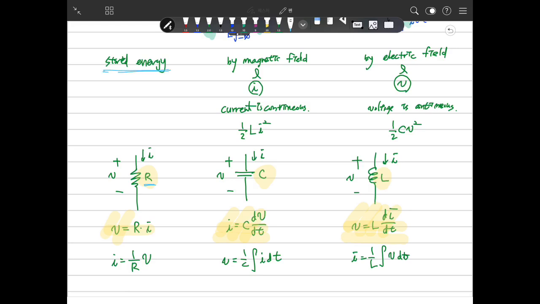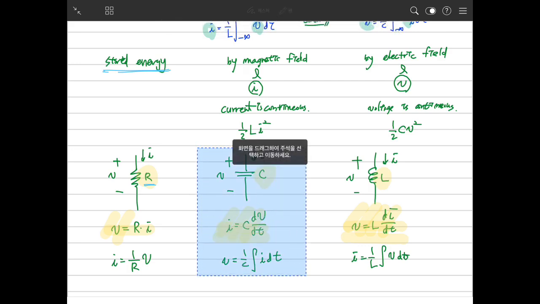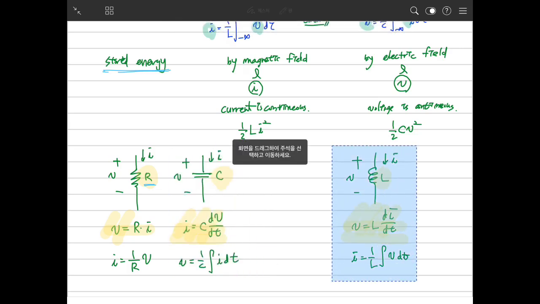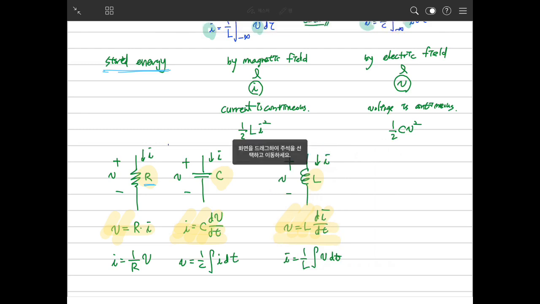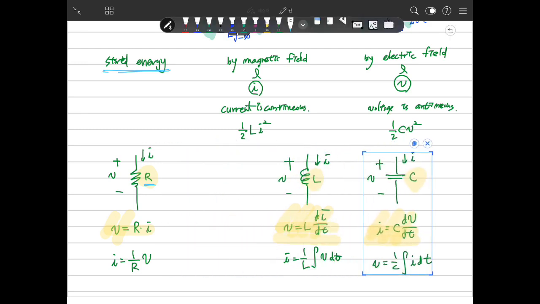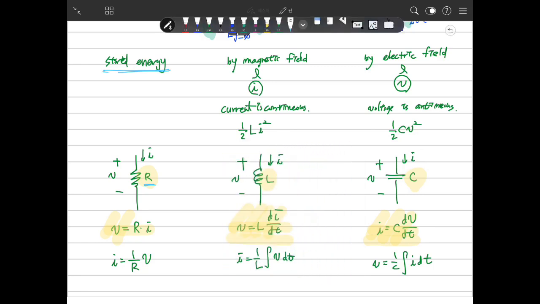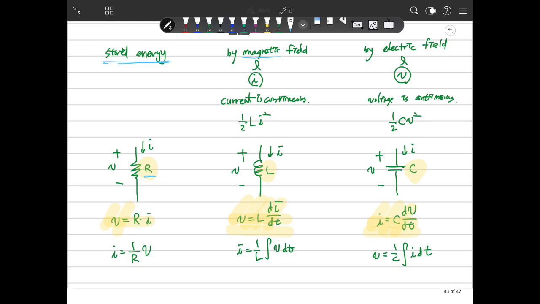It only consumes energy. In the inductor case, it stores energy in the magnetic field, and in the case of a capacitor, energy is stored in the electric field.